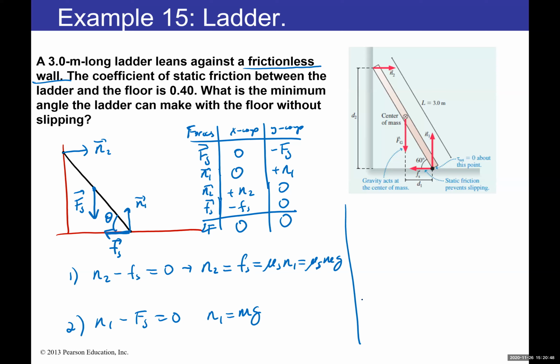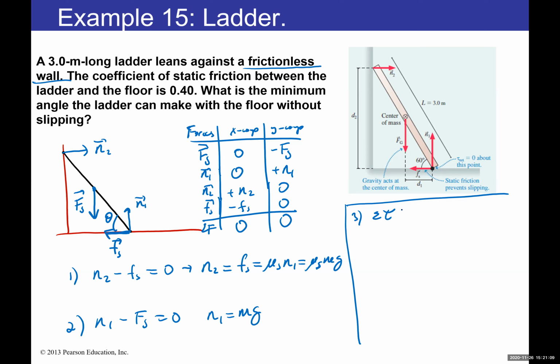But next I can use equation 3, which is the net torque. For this one, I can choose any point to be my pivot point, and then try to find some information about the angle theta.